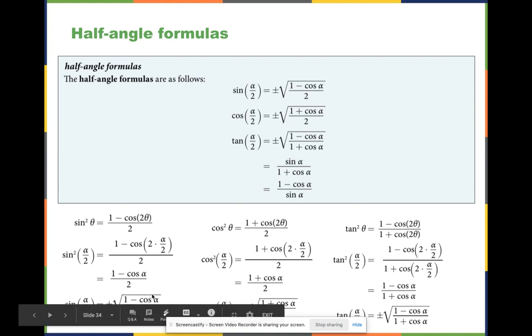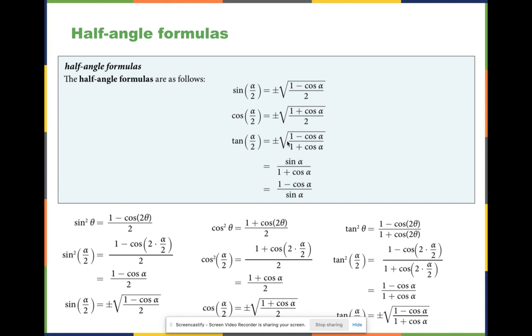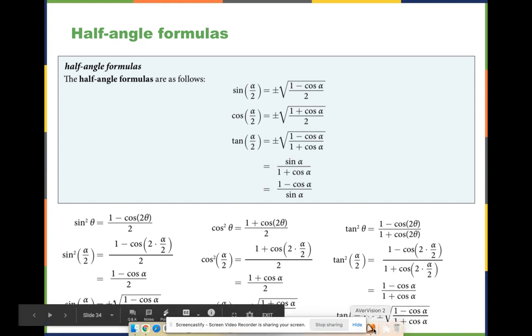Or we can take the ratio of sine and cosine to have the square root expression instead. So that's where they come from. You're not going to have to derive these, but it's good to know where they come from, and we're just going to apply these equations. So let's do some examples.